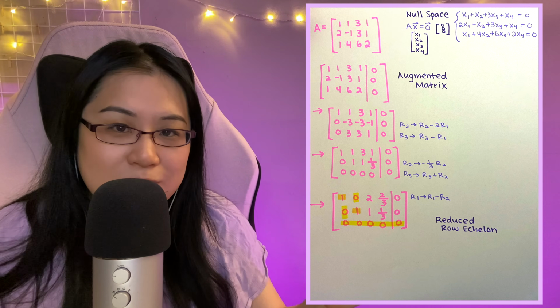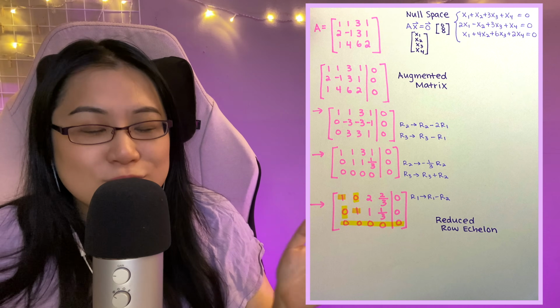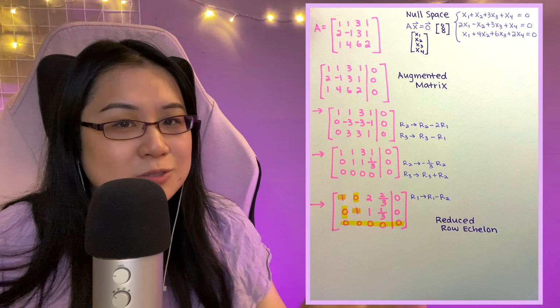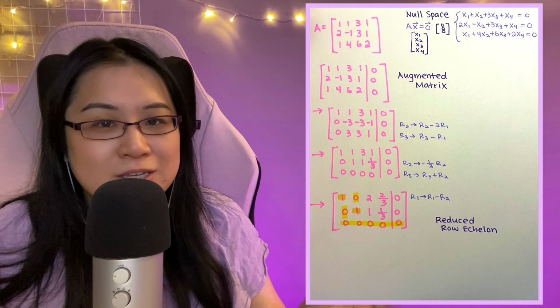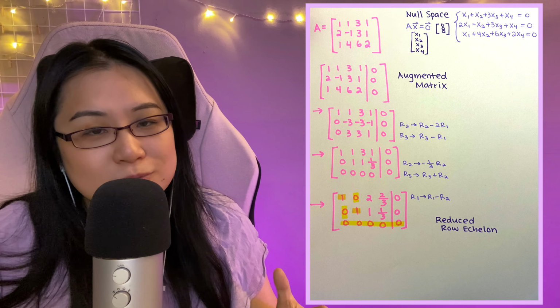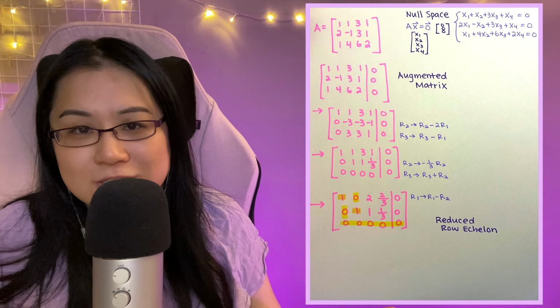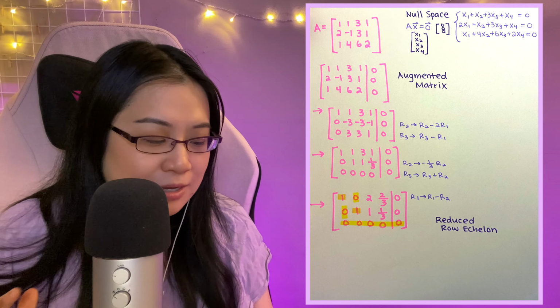So you start with A11 and then going across A12, A13, A14, etc. And then going down you have A21, A31, A41, etc.